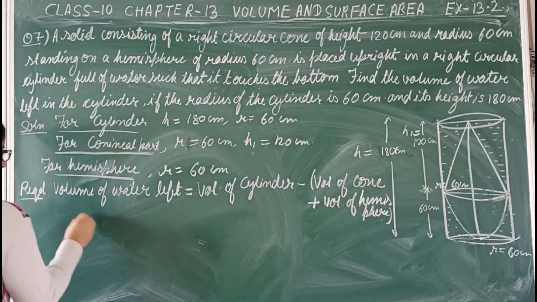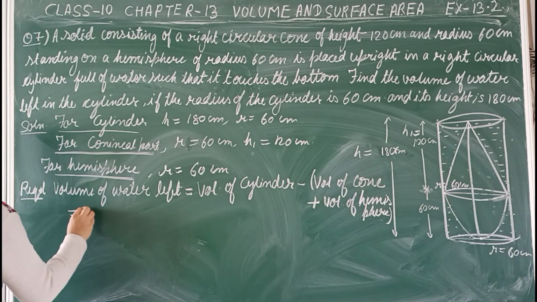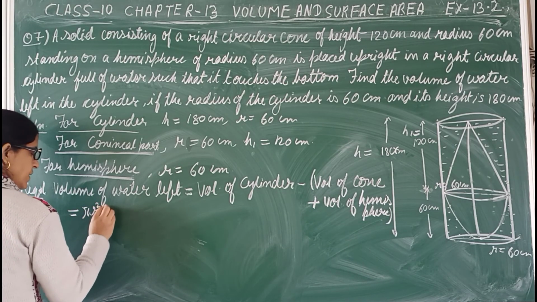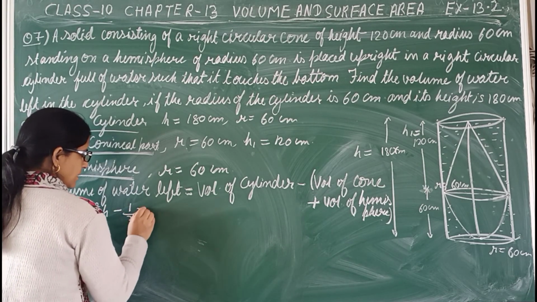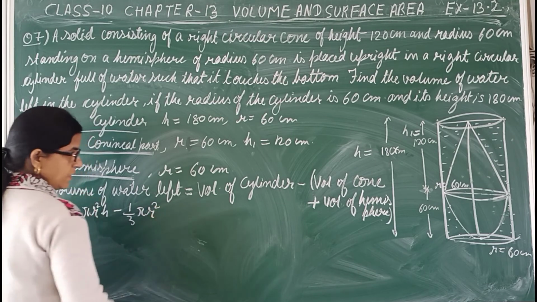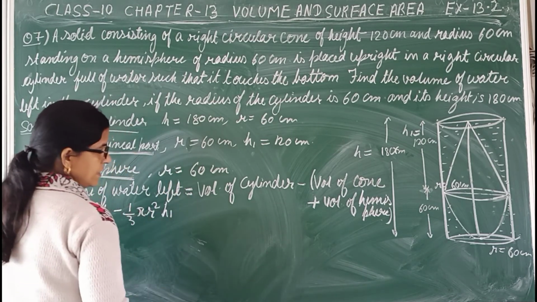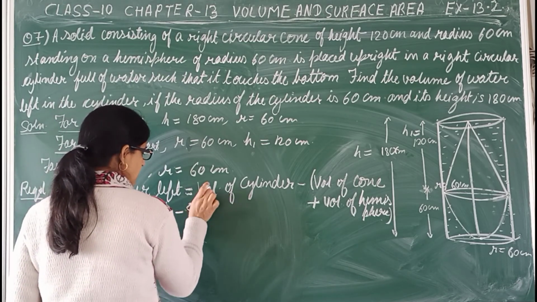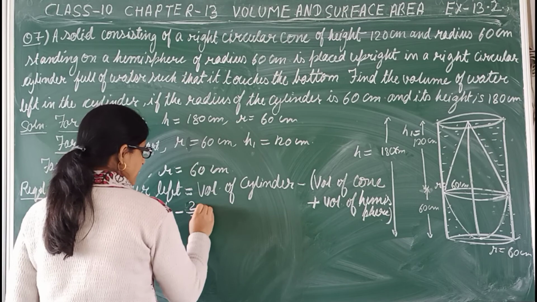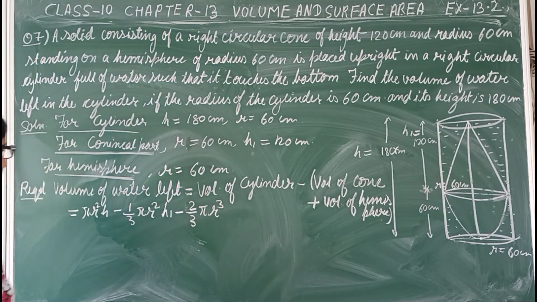So this will be equal to pi r square h minus 1 by 3 pi r square h1, we have written over here, minus the volume of the hemisphere, which is 2 by 3 pi r cube. R is the same for all.